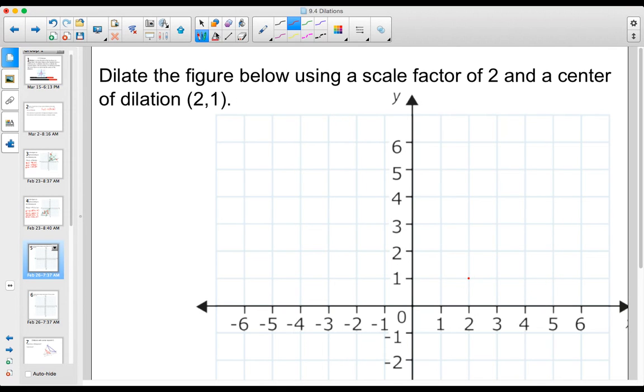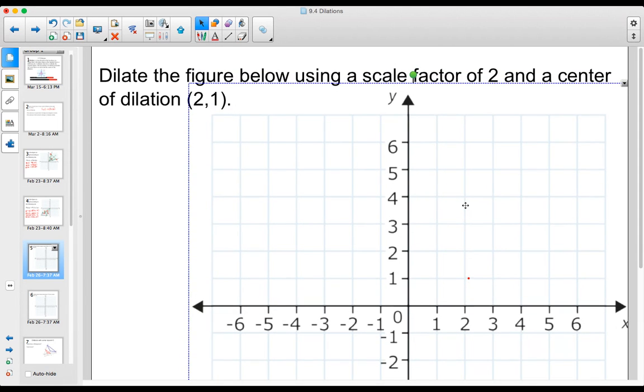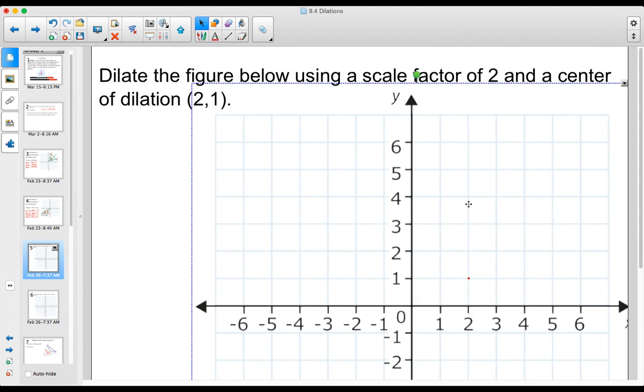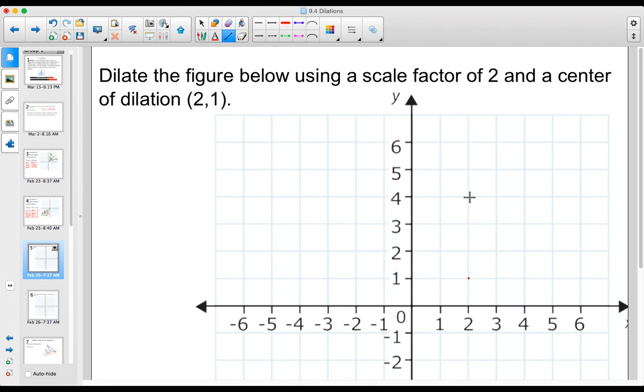Let's just do a square. Yeah, we'll do a triangle.